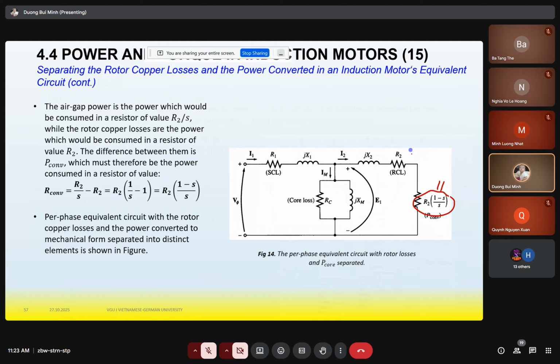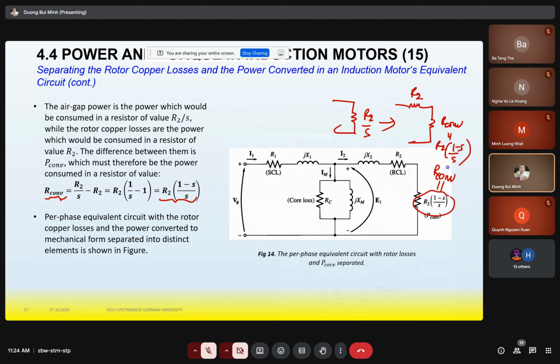Yeah, we say this one is R convert, like this, R convert is R2 (1 minus S) over S. So that means if we have R2 over S, okay, we can modify it to become R2 and then R convert, right? And R convert is R2 (1 minus S) over S. Okay, yeah.